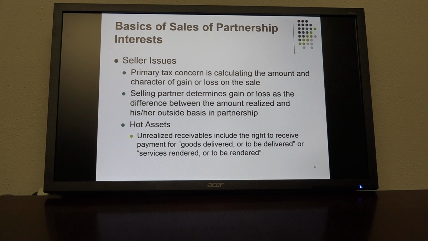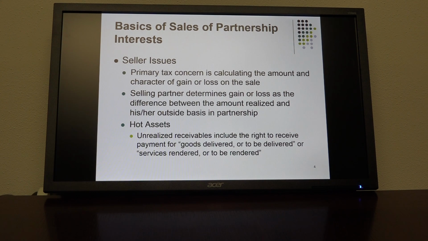Well, we'll get to the depreciated property here in a minute. So unrealized receivables happen when you have a partnership that has cash basis reporting. If they're accrual basis, you're not going to have unrealized receivables. Only when you have a cash basis partnership.